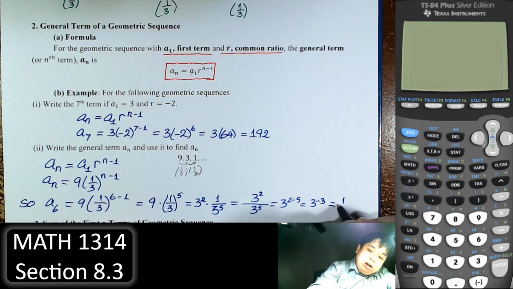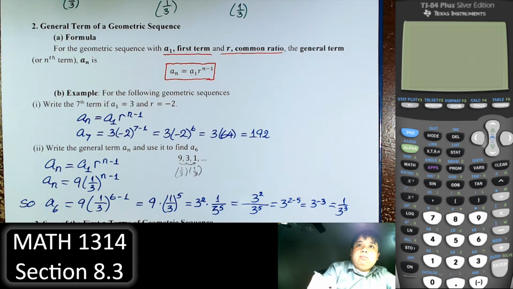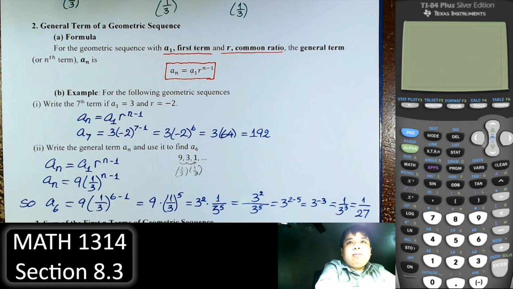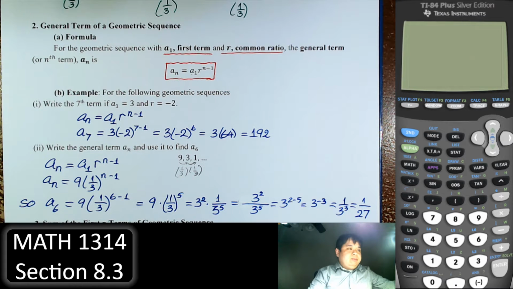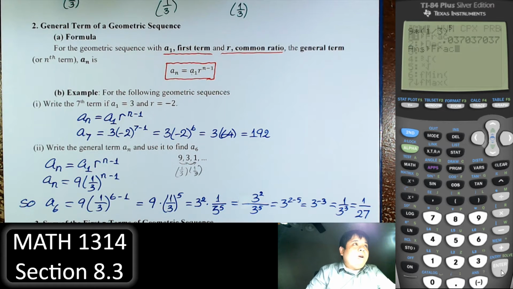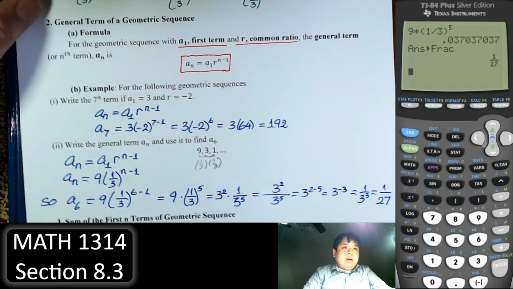Bring it to the bottom and it becomes positive, and that is 1 over 27. Of course, you can just evaluate using the calculator here: 9 times 1 divided by 3 to the fifth. Hit math, convert to fraction. Simple enough.